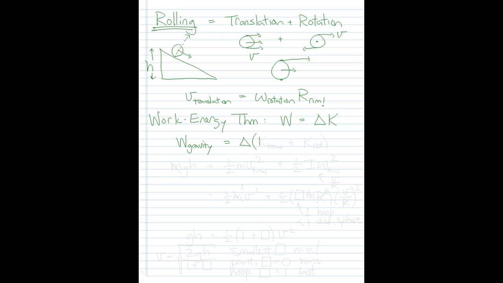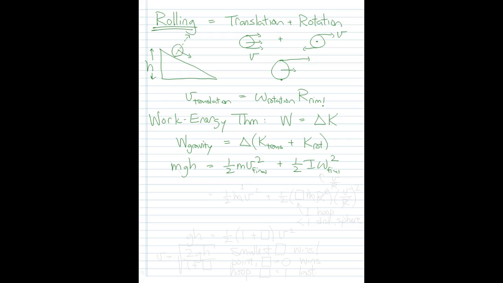We have the kinetic energy of translating plus the kinetic energy of rotating. So mgh is equal to 1/2 m v final squared, that's translation, plus 1/2 I omega squared. And we realize that these are related.